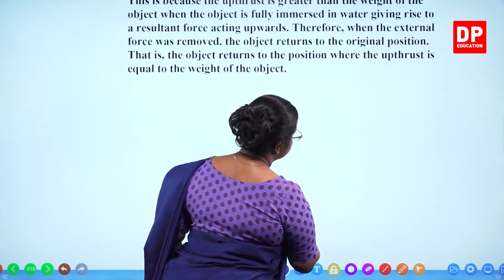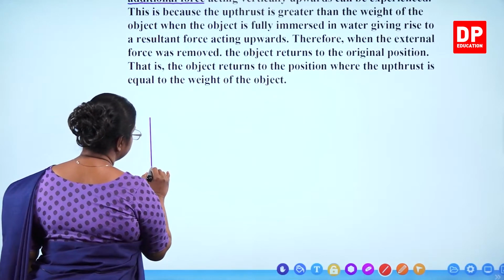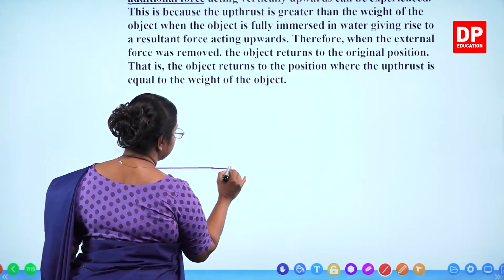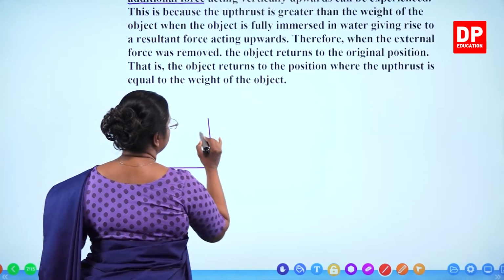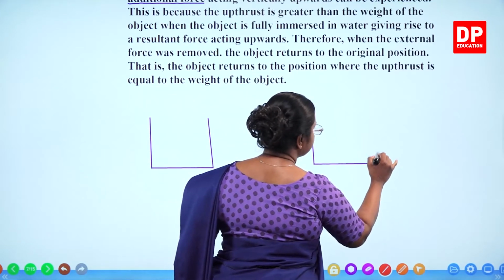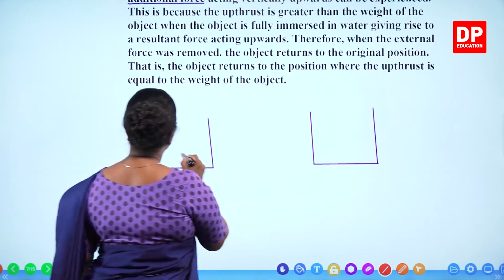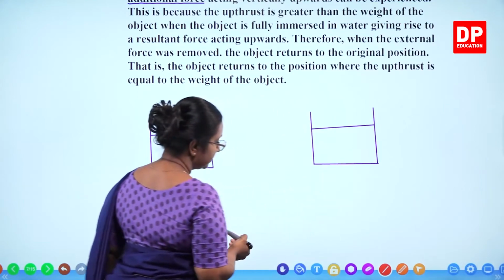It is like this, students. Now you have the same object, but I will show it in two instances. So it is like this.